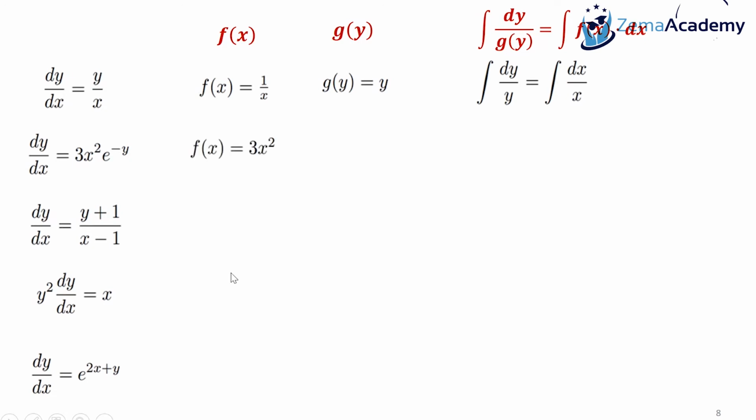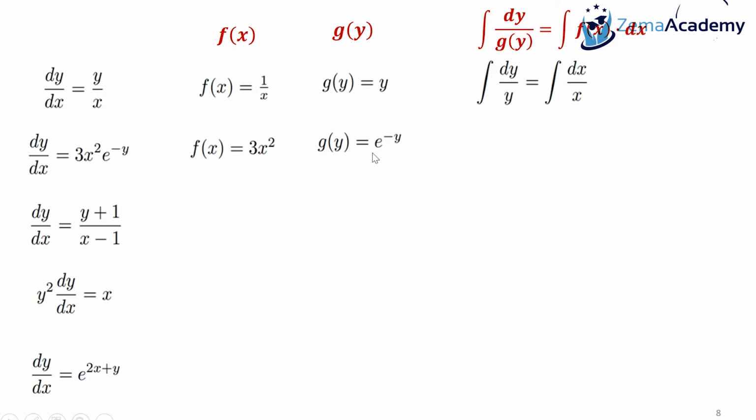Let's come to the second example. In the second example, you have got 3x square e to the power minus y. So I can separate this 3x square as f(x) and this e to the power minus y as g(y). And when I have identified f(x) and g(y), I can place them in this formula, which is integral dy over g(y) equals integral f(x) dx.